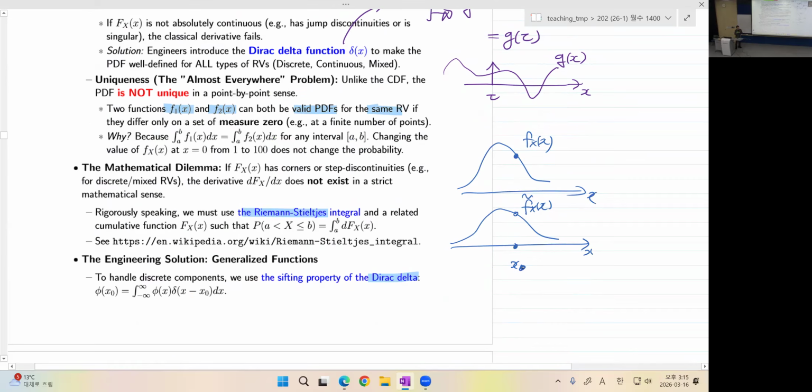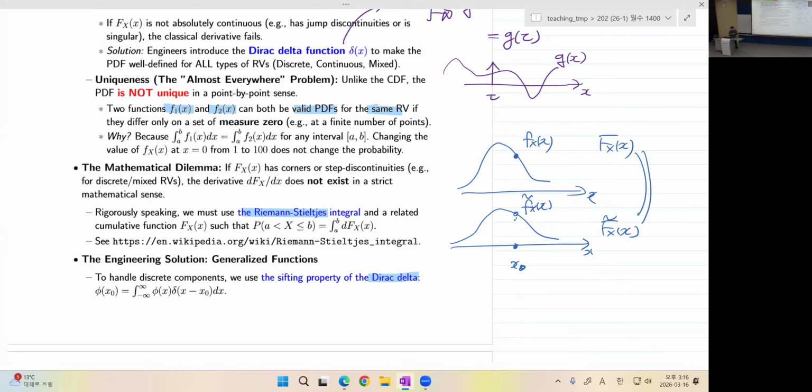However, if you integrate them to get the CDF, they are actually the same because you only replaced a single point. What does that mean? The PDF may not be uniquely determined, because you can change the PDF value, especially when the random variable is continuous, without modifying your CDF. Okay.